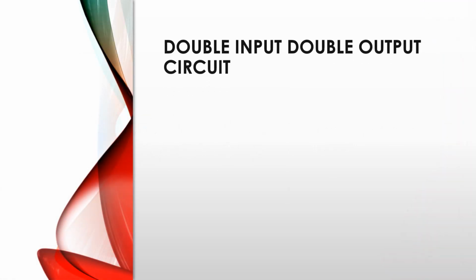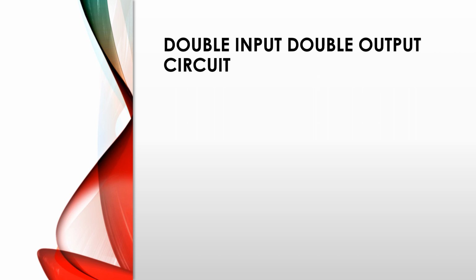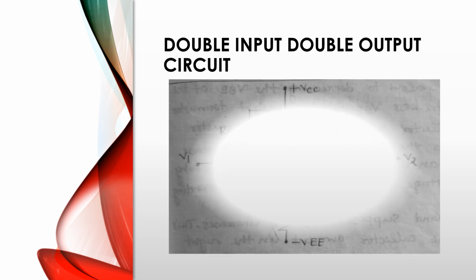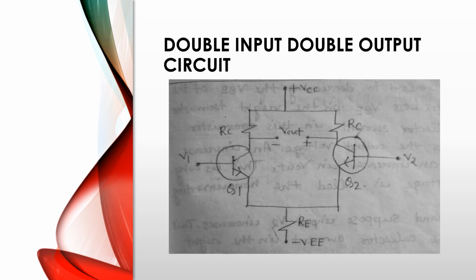So this is the inner circuit of an op-amp, that is, the double input double output circuit. This is the circuit diagram of the double input double output circuit of an op-amp. Here we use two transistors, Q1 and Q2.